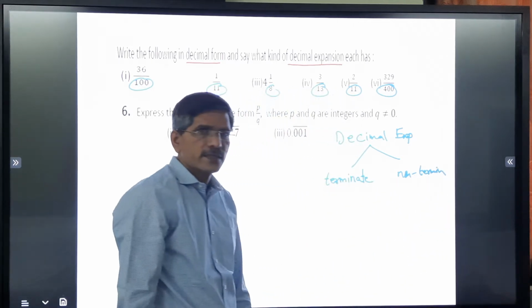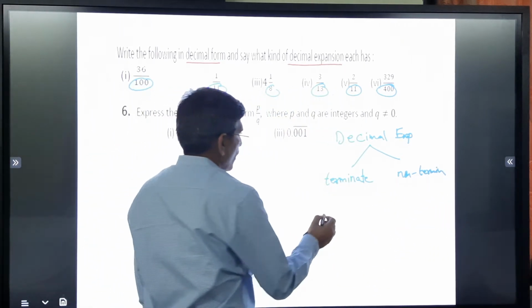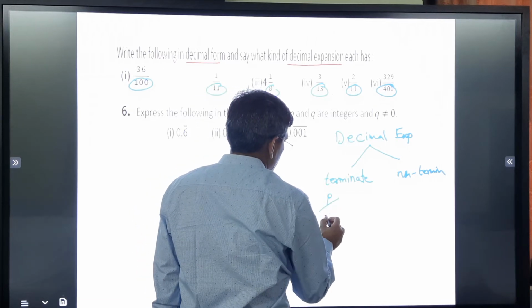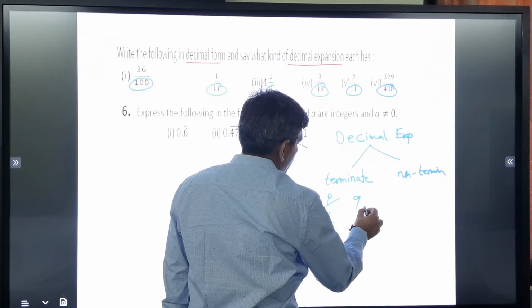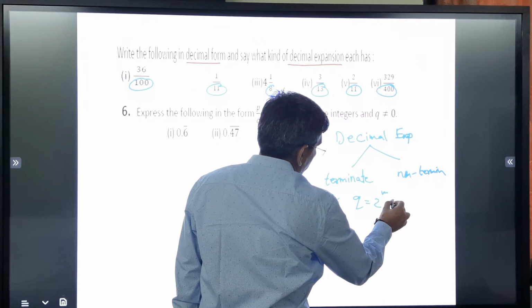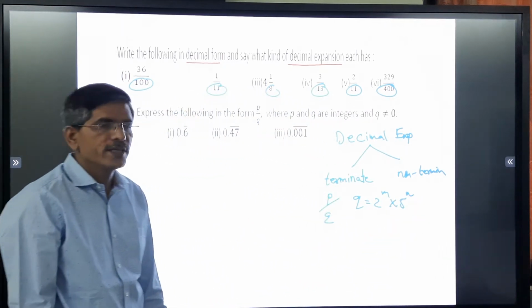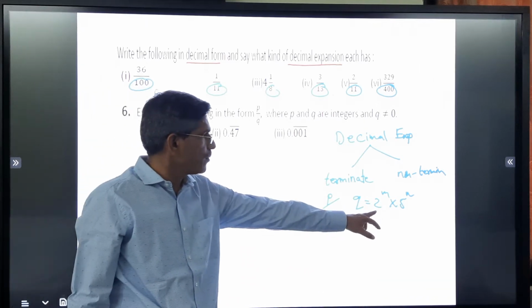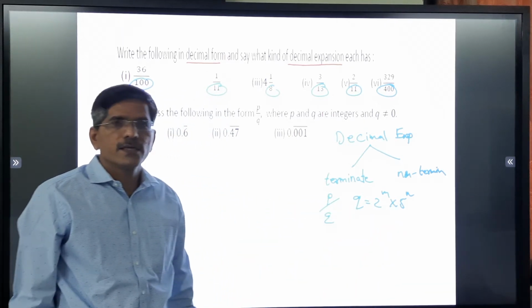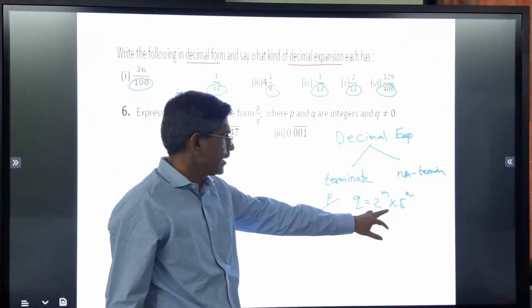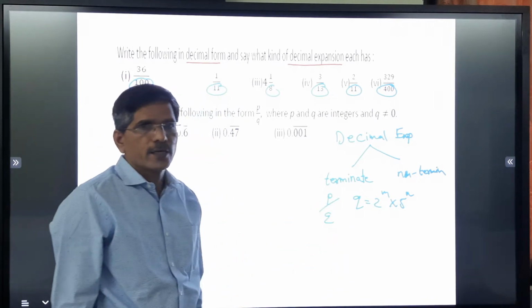How can we say it is terminating? If p upon q, with q equal to 2 to the power m and 5 to the power n, that is, the denominator is in the form of 2 and 5, we can say it is terminating.